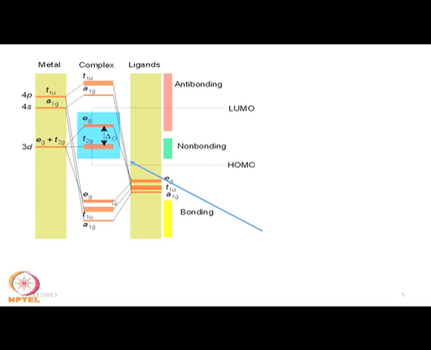Earlier, crystal field theory gave the crystal field splitting and we considered the crystal field stabilization energy in terms of the splitting delta octahedral. But here we find that the Eg bonding level is further stabilized.